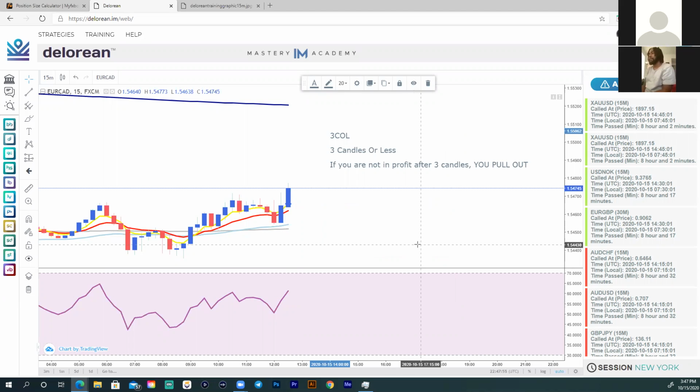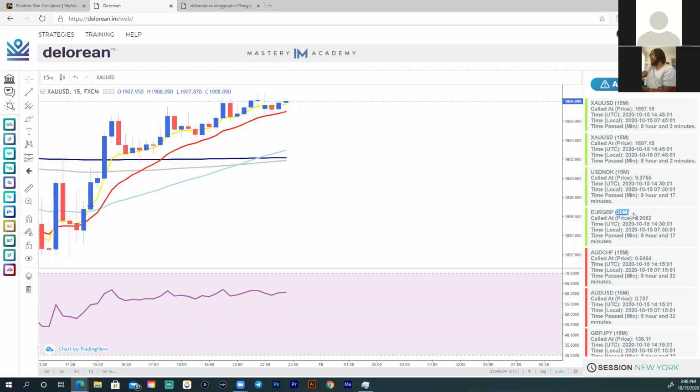What does this mean? It depends on the time frame that is called. Be aware that when you get a Delorean signal on the right-hand side, this 15-minute, this 30-minute will tell you exactly what time frame the Delorean is called on.